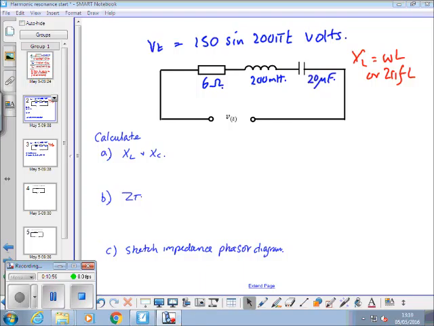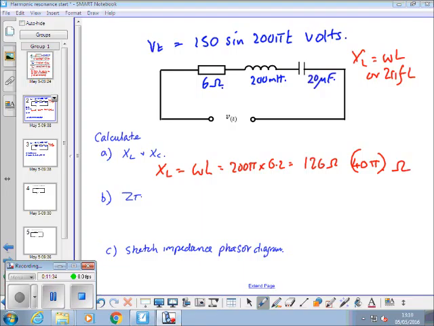Okay, so XL and XC. Hopefully we've been calculating XL is equal to omega L, so that is 200 pi times 0.2 equals, what's the result of that? 126 ohms, or what did you say, Lewis? 40 pi ohms.